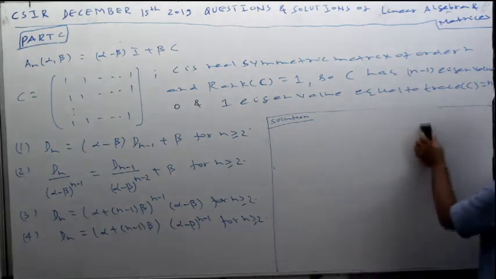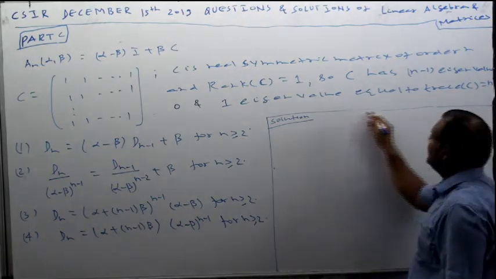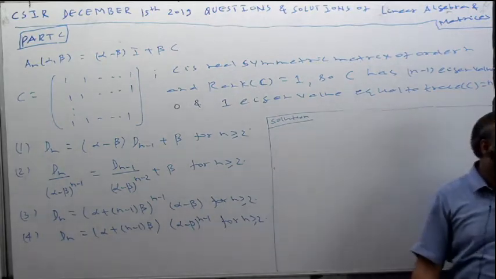Now, what is the determinant of any matrix? That is the product of eigenvalues of the matrix.